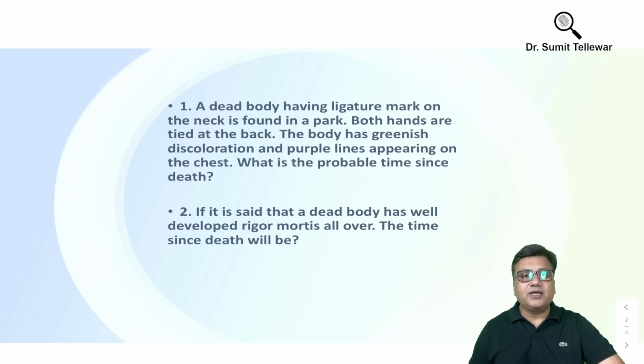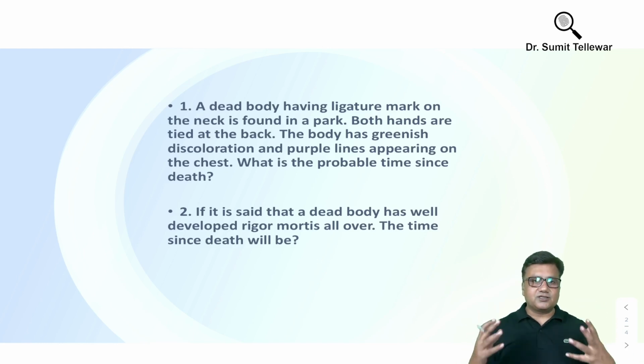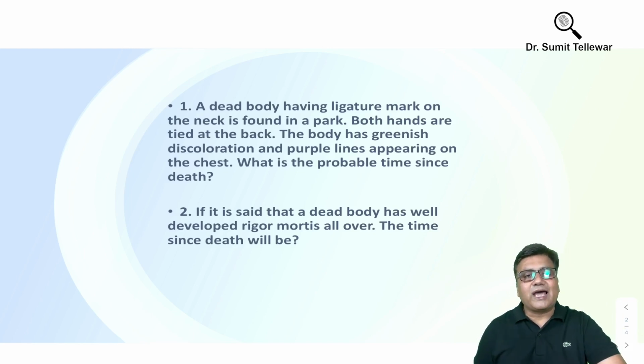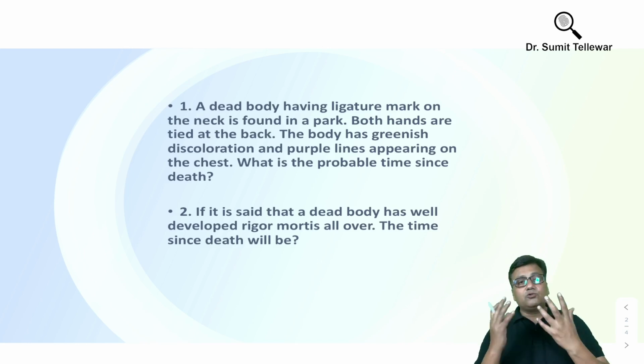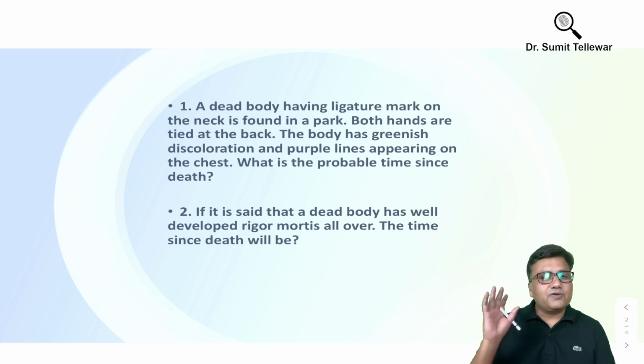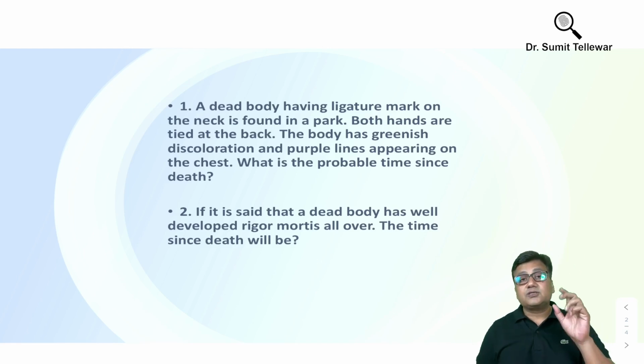The body has greenish discoloration and purple lines have started to appear on the chest. What is the probable time since death? Although it looks like a case of strangulation, as it seems from the first two lines, the cause of death is not asked here. Here, instead of the cause of death, we are given a picture of the decomposition of the body, and we are asked what is the probable time since death. Questions like this come.